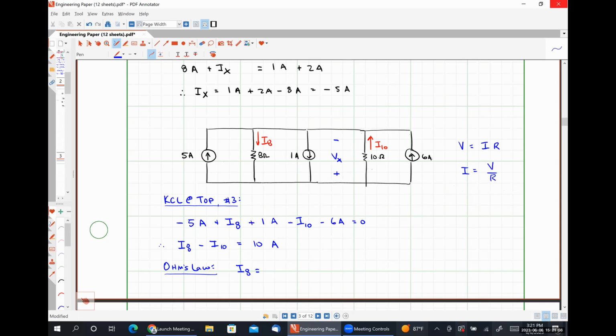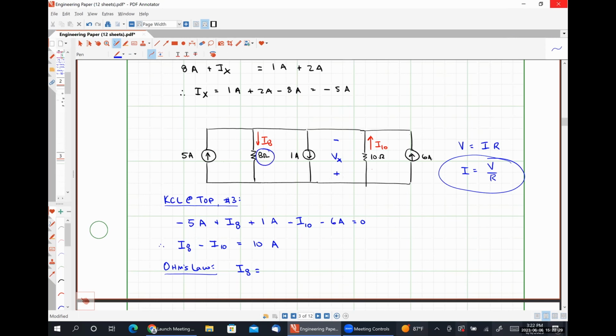So what I'm trying to get you to do is use Ohm's law and tell me how to write I8 in terms of Vx. Okay, would it be I equals V over the resistance?